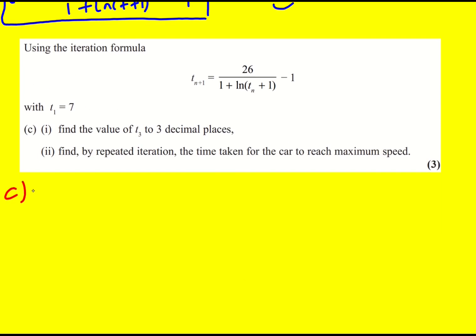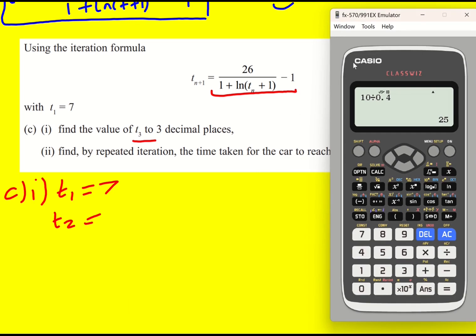Okay, so we put t equals 7 into here, and we see what we get out, basically. So t1 equals 7. I'm going to write down what t2 is. I know it asks us for t3, but I think it's good to just show you the steps. So 7 equals, gets that 7 into my answer button. Then 26 divided by 1 plus ln(answer plus 1) minus 1 will give me a new value of t, which I can then find by pressing equals again.